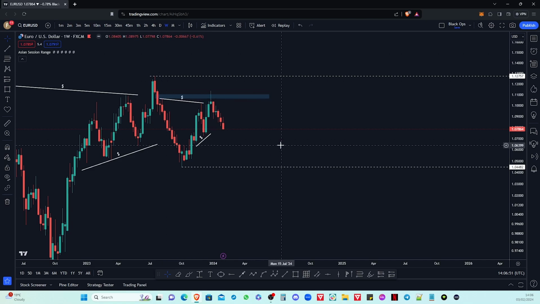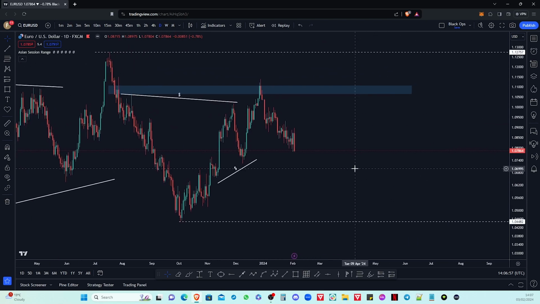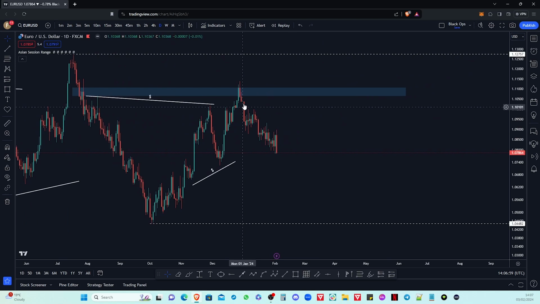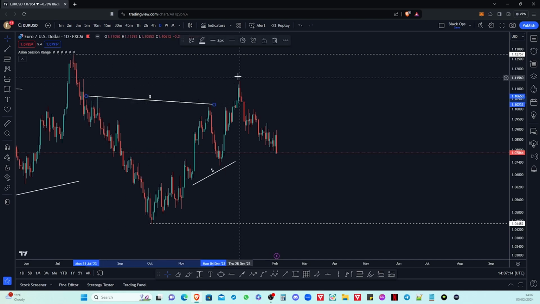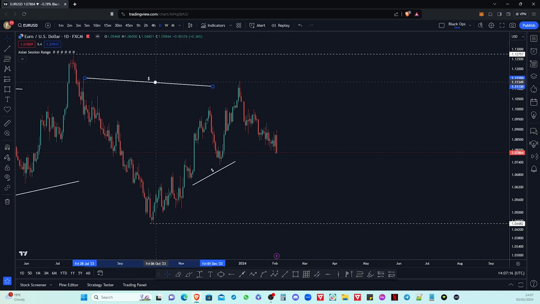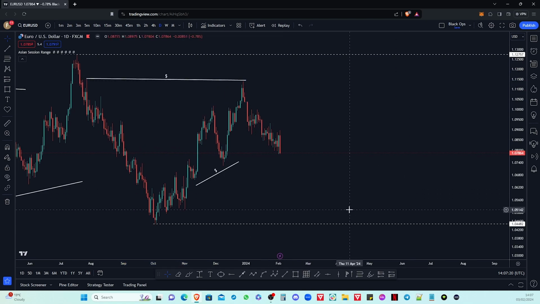Once you've got the bigger picture, once you've drawn out everything you can see on the weekly time frame, now we jump down to the daily time frame. What does it show us? Again, we can see that price came up here and filled this fair value gap which was on the weekly time frame. Now if I just remove that for now, we can see that this liquidity has already been taken, but we have equals here.